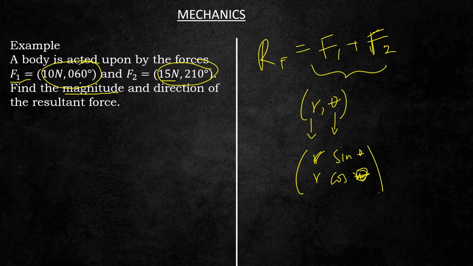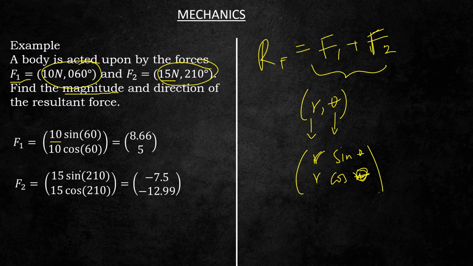So that is what we are going to use to convert these. For F1 we get 10 times sine 60, then 10 times cos 60. This is going to give me 8.66 and 5.